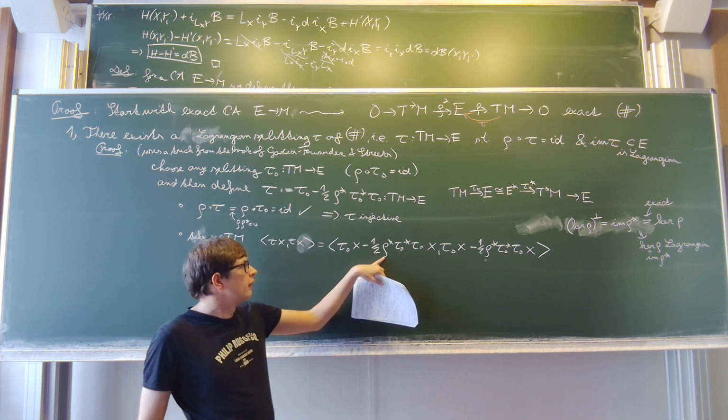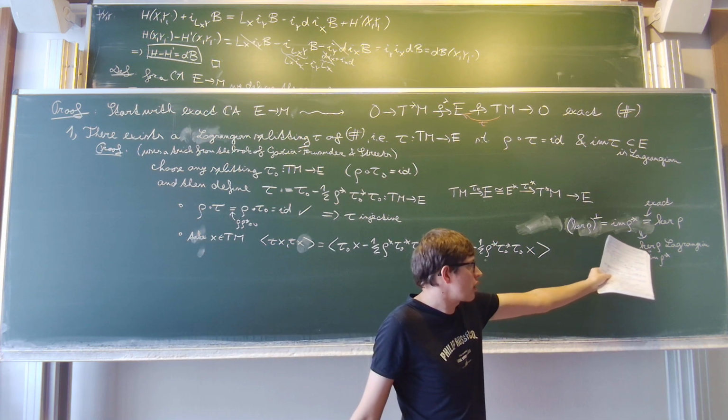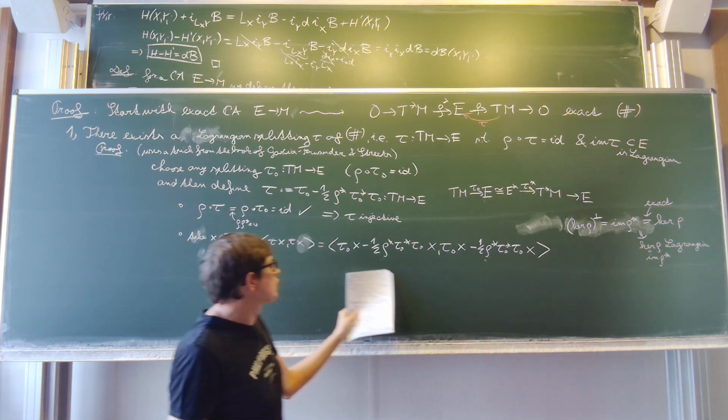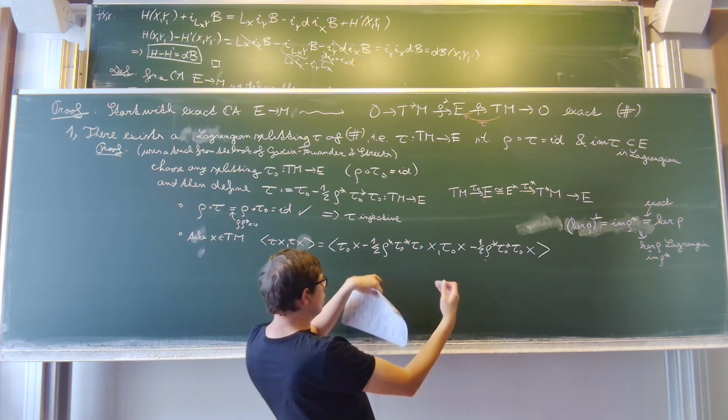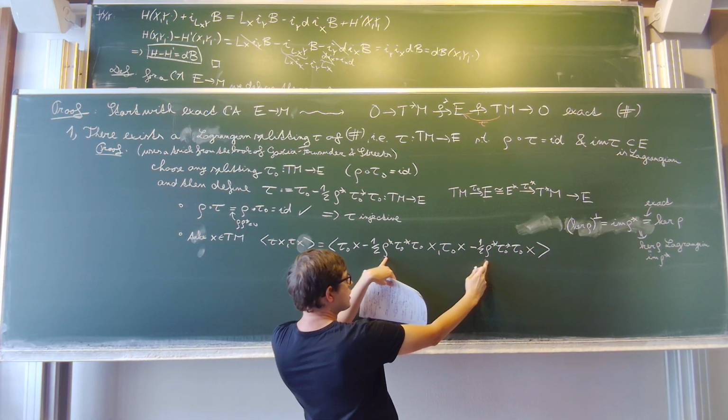Lagrangianity means that it's isotropic and half-dimensional. So isotropicity means that if I take any two elements in there and take the inner product, I get 0. So pairing this one with this one is 0.